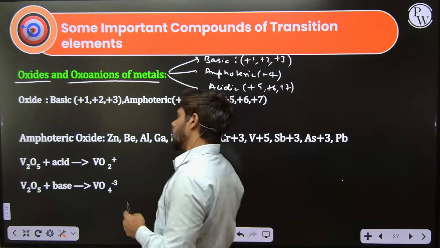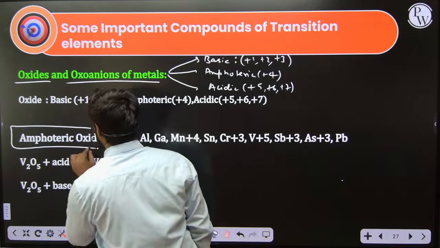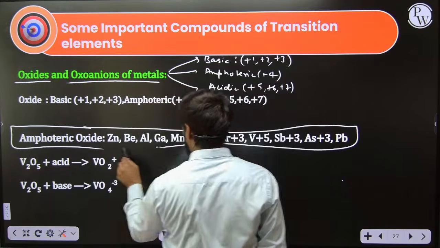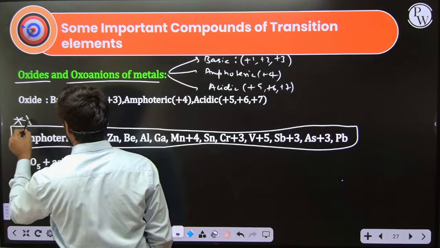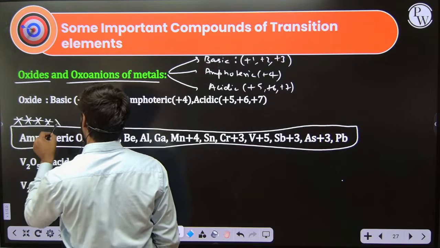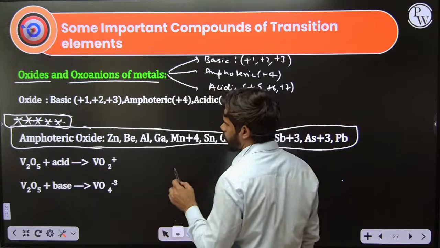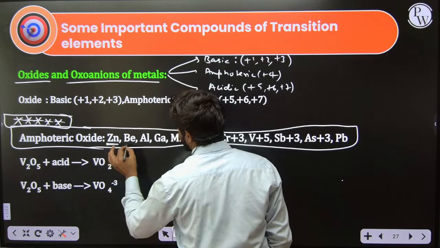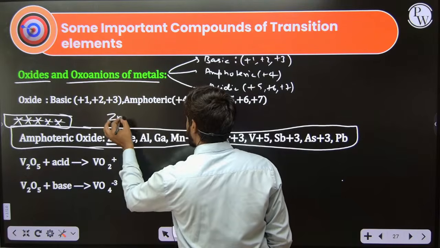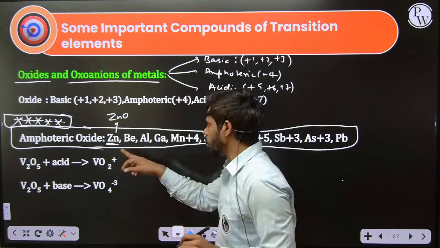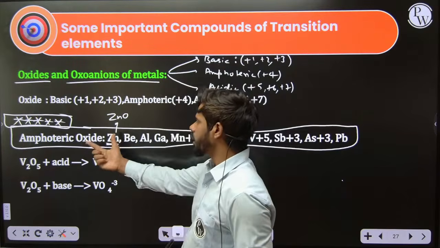So as we know, these are amphoteric oxides. This we have to remember, which is very important for the exam. Among the inorganic oxides, all the oxides of Zn will be amphoteric in nature.